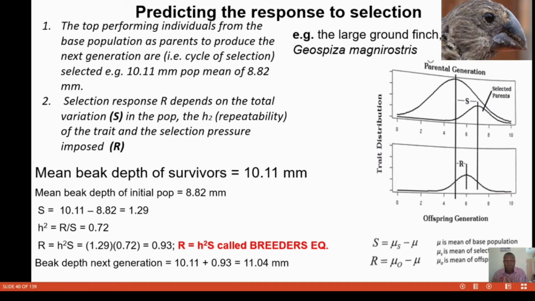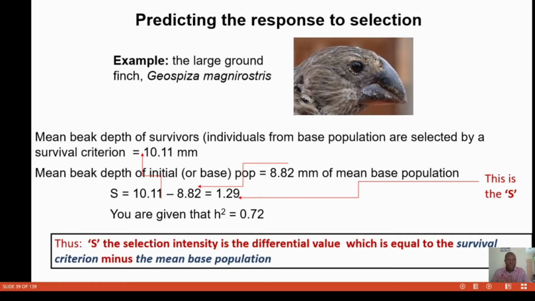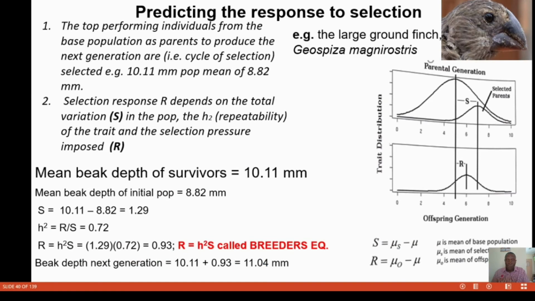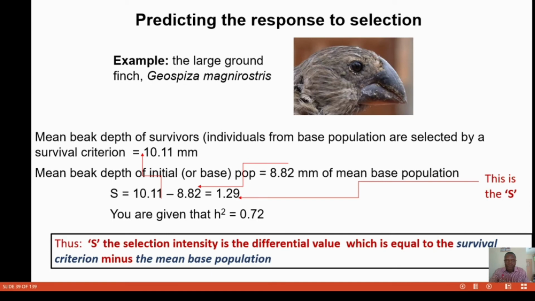And so this is how we progress in looking at the S value, which we now know as 1.29, as I indicated before. It is just simply a subtraction. And then we have the heritability, which was given before.